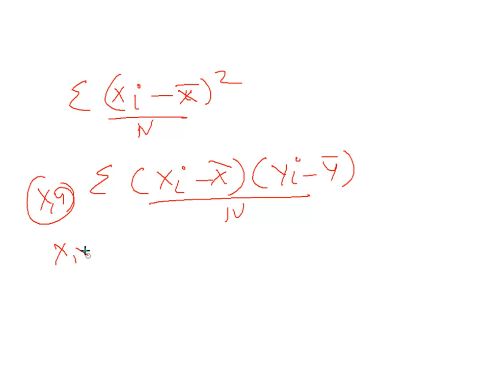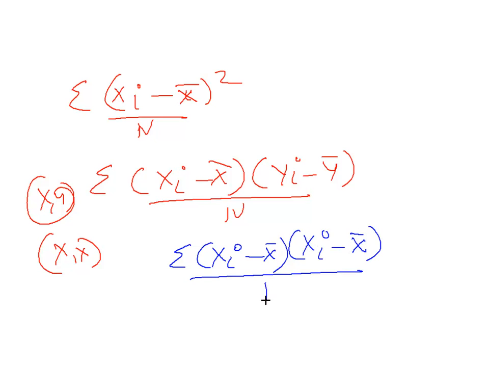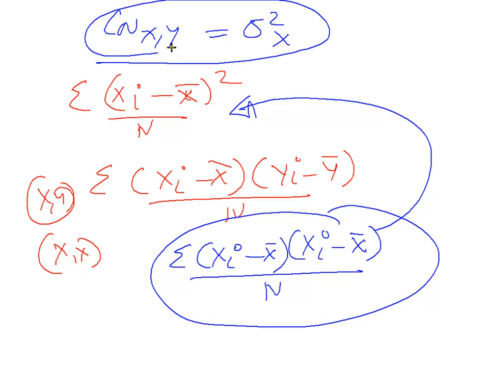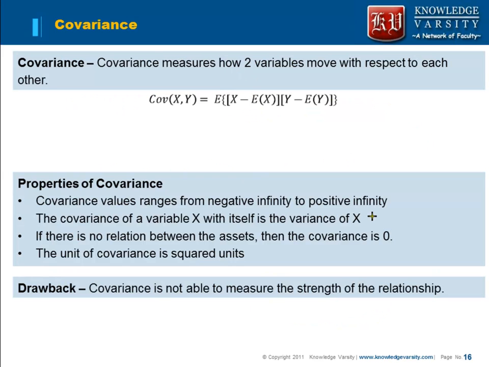If I want the covariance between x and x, I replace this y with x, so it becomes (xi minus x bar)(xi minus x bar) divided by n. So xi minus x bar is multiplied 2 times, and this becomes the variance of x. So this is one of the properties. It ranges from minus infinity to plus infinity. Then the second: covariance with itself is variance.